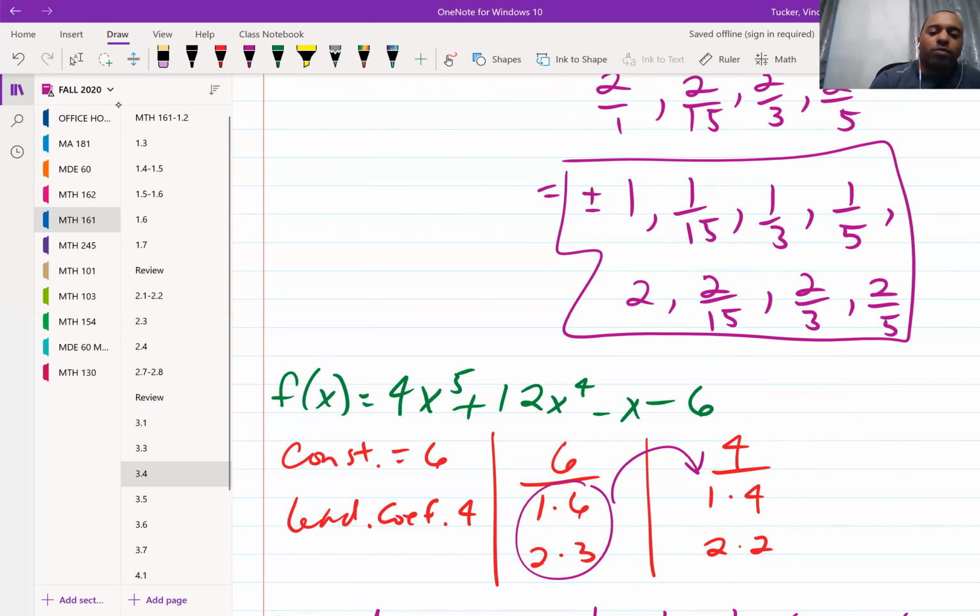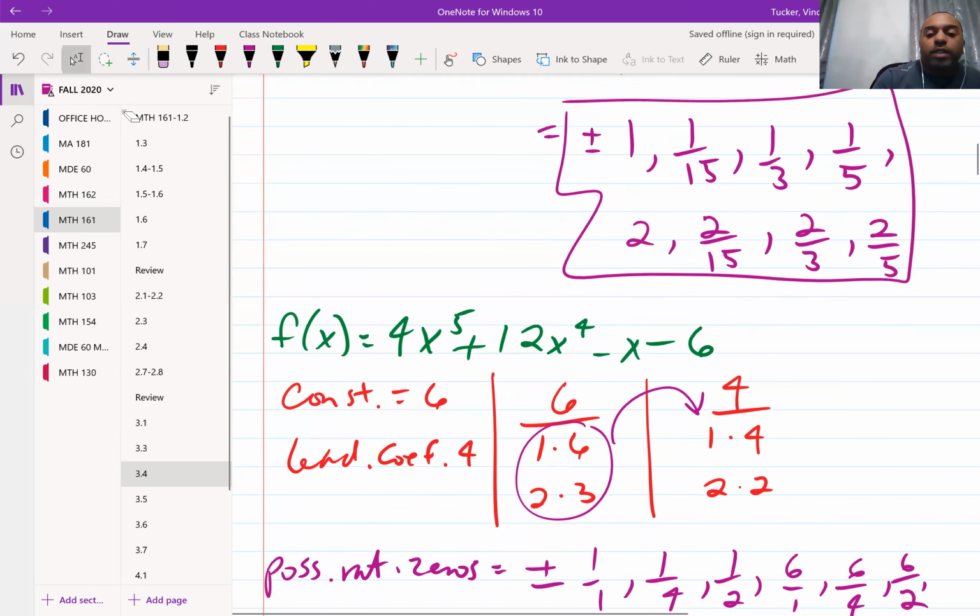Factors of my constant: 1, 6, 2, 3. Factors of my leading coefficient: 1 times 4, and 2 and 2. Of course, we only have to use that 2 once; we don't have to write 2 twice, as it still gives us the same number. I take each one of my factors of my constant and place them over the factors of my leading coefficient.